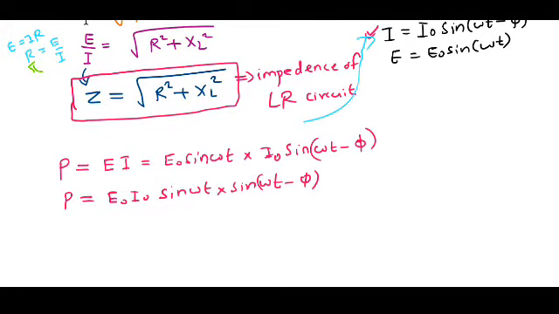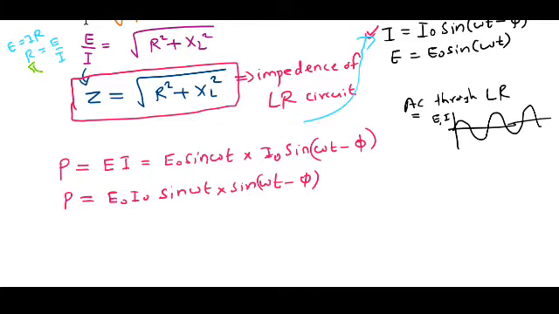Here we are discussing the passage of AC through the LR circuit. The AC means that the current or the voltage have this form. We are always interested to find out the average value through this LR circuit. Therefore, we are interested to find out the average power dissipated in the circuit.